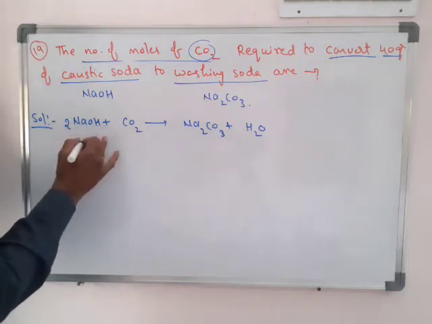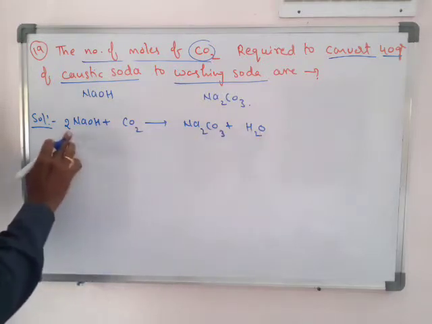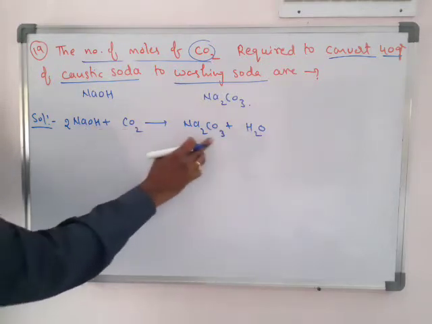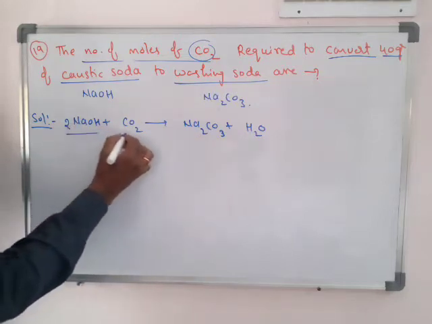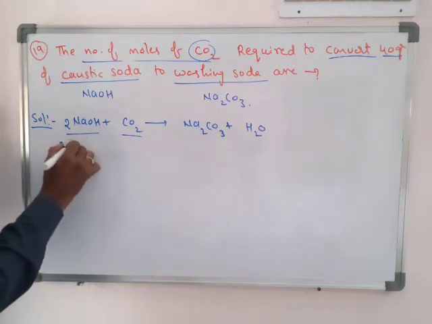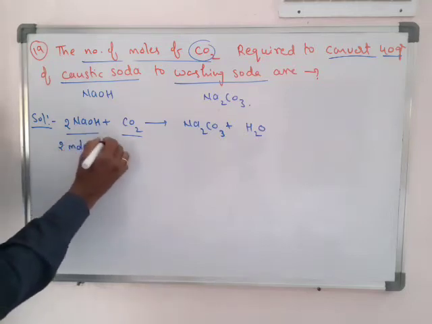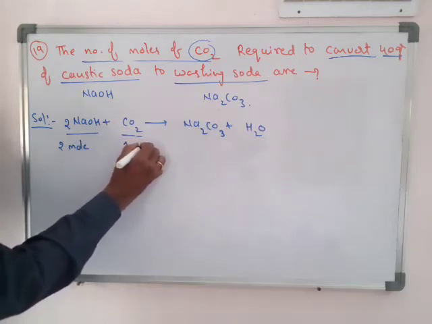The 2 hydrogens, I think it's already balanced: 4 oxygens, 1 carbon, 2 sodium. You have to compare sodium hydroxide and carbon dioxide. According to the equation, 2 moles of sodium hydroxide require 1 mole of carbon dioxide.